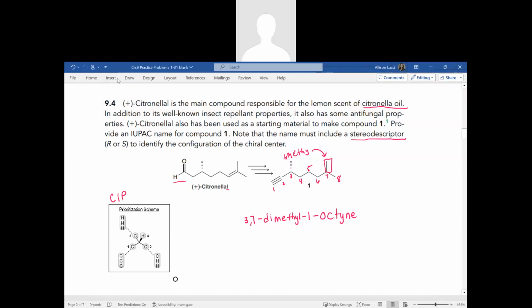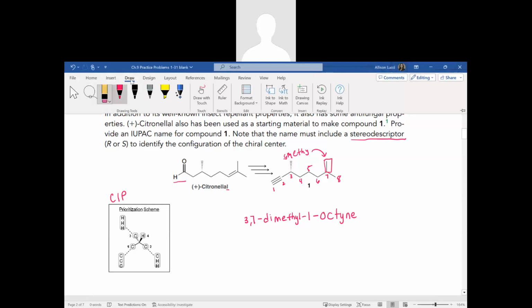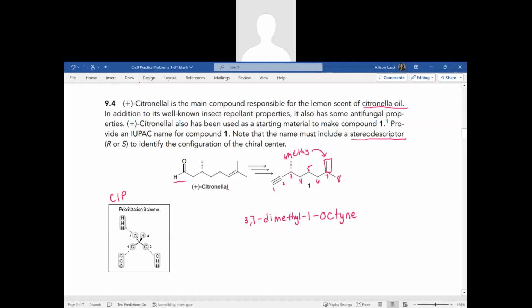So let's take a look at the configuration of this chiral center on carbon 3. Down here in the lower left-hand corner, we have expanded that bond line structure to figure out what these priorities are. So our number 1 group would be over here towards this triple bond because we can see that that carbon is bonded to 3 other carbons.